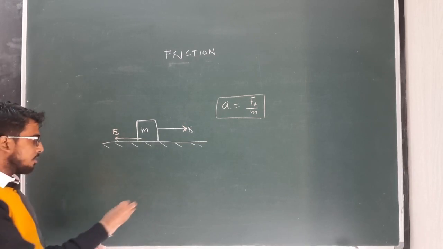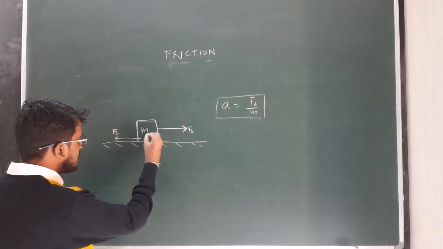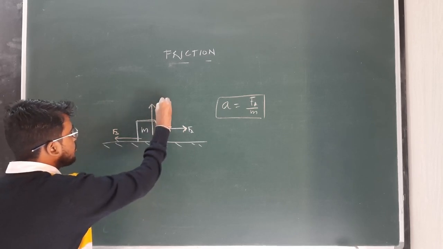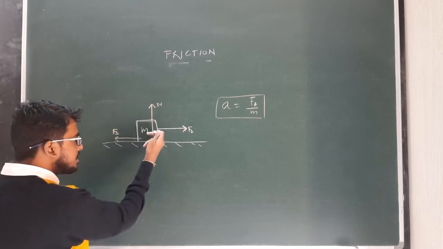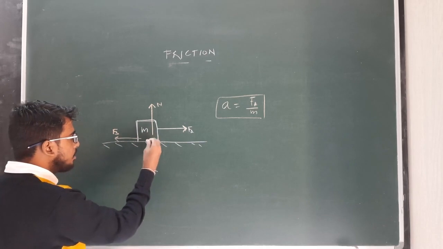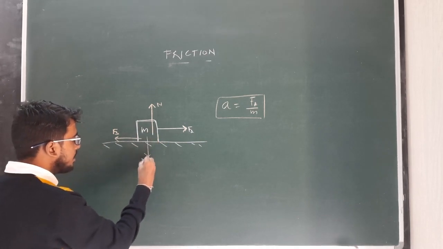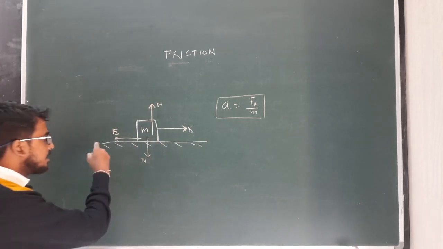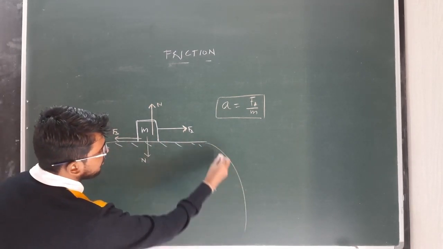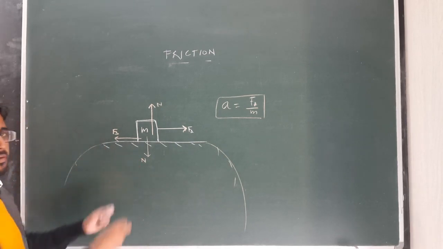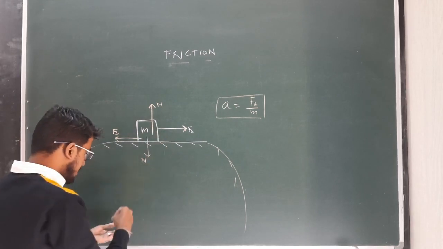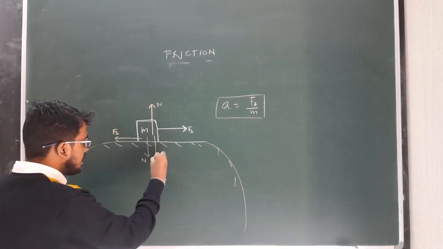Clear? So if we draw the free body diagram, here we will get a normal reaction N acting on this block due to the ground, and the same amount of normal reaction acting on the ground due to the block will be along downward N. And as the block is placed over earth, there will be a force of attraction due to earth's gravity, known as the weight of the block, mg, along this direction.